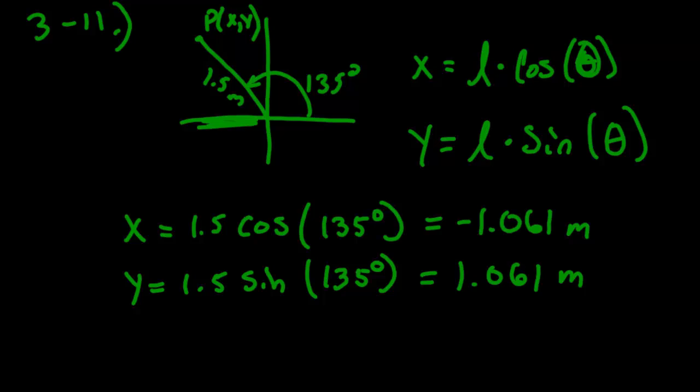And this makes sense, right? We know that this is in quadrant 2, so the x component is going to be negative. And we know that it is a 45 degree angle, so both components will be equal. So this makes sense. Any questions on this problem? Pretty straightforward.